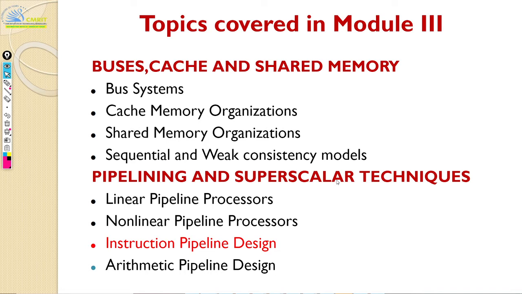So we will start with instruction pipeline design. In the previous two classes, we saw linear pipelining and non-linear pipelining. In a linear pipeline there is only one flow. The flow goes from stage 1 to stage 2, stage 2 to stage 3, and then to the last stage. But in a non-linear pipeline, in addition to this, you have feed forward and feedback.